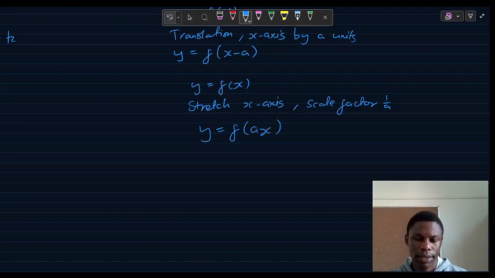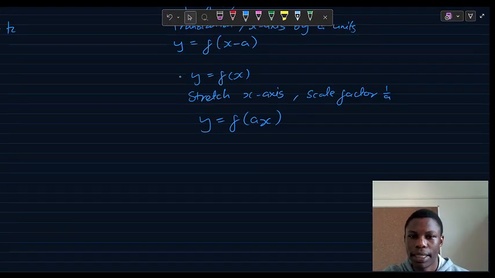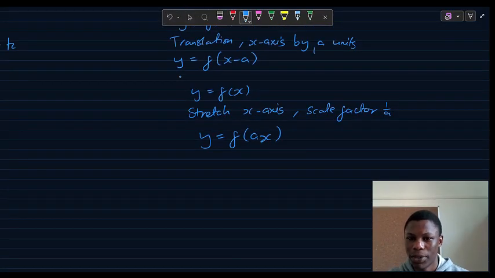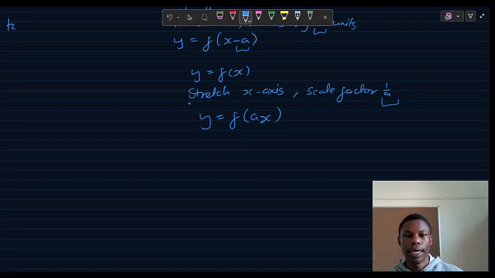Remember, it does the inverse in the x-axis. If you had moved by positive a units, it becomes negative in there. If your scale factor was 1 over a, it becomes a, which is just the reciprocal.